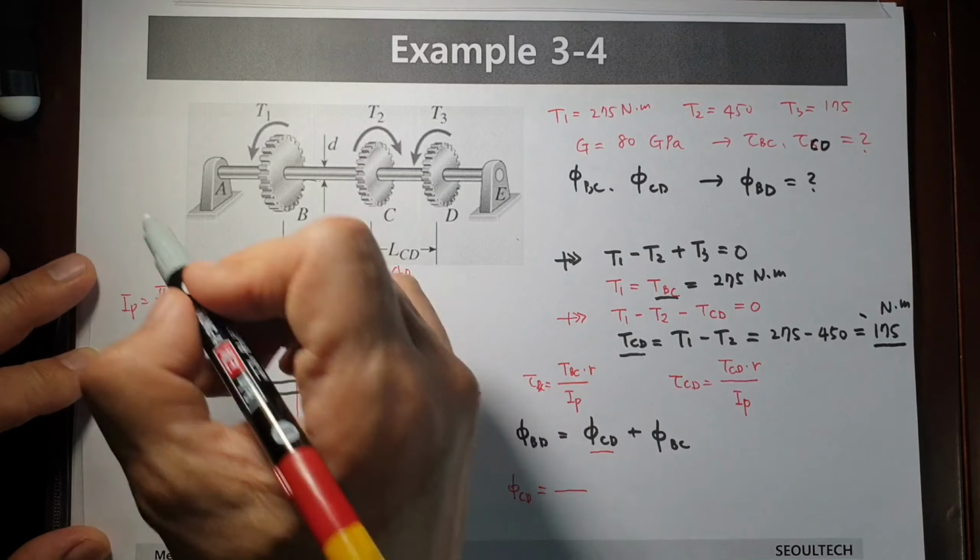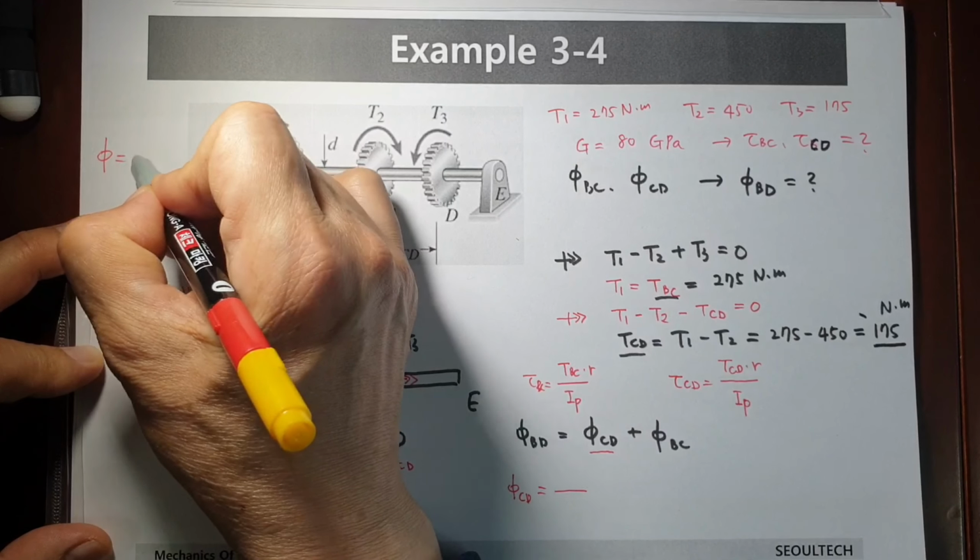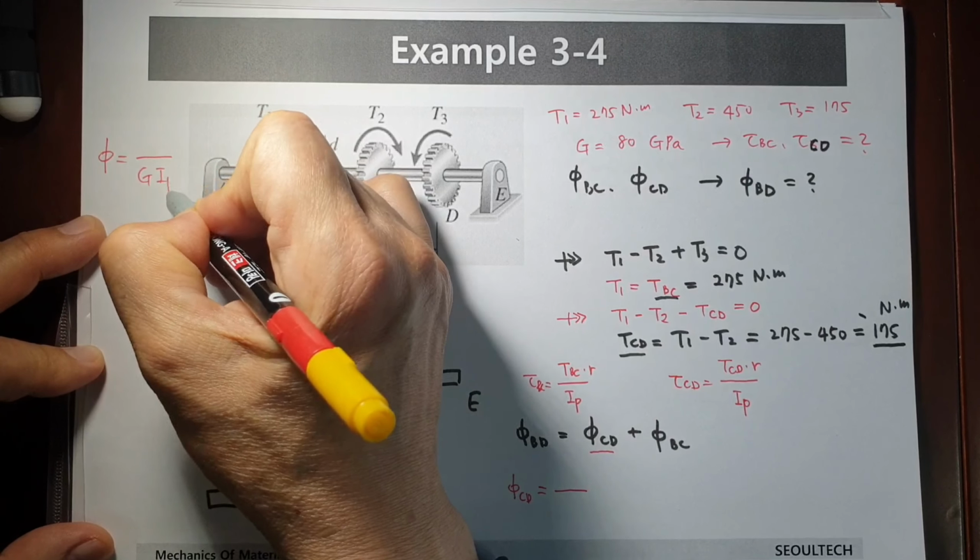We can apply this formula. The change of angle equals TL over G IP, the twisting moment and length over the shear modulus and polar moment of inertia.